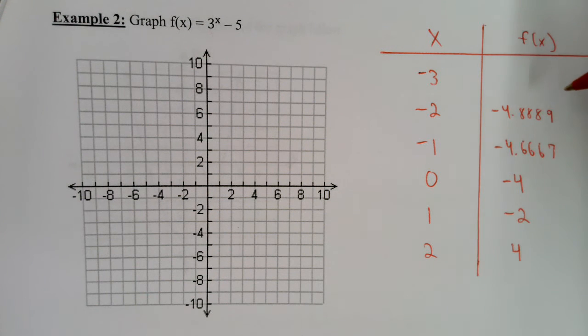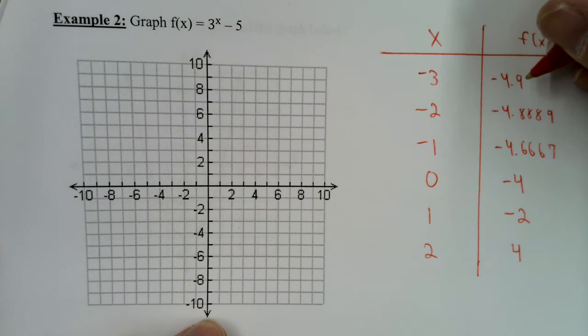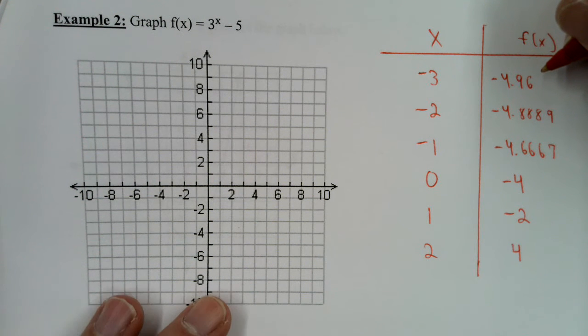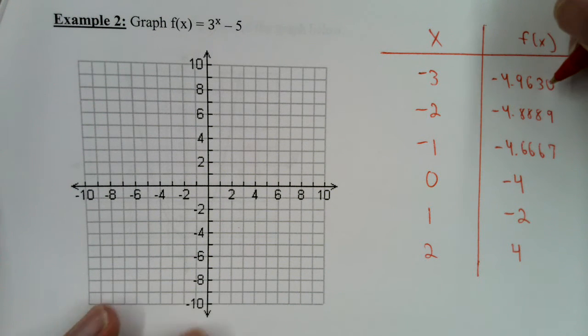I think you see the pattern right now. 3 to the negative 3 power in your calculator, and then minus 5 gives you about negative 4.963.